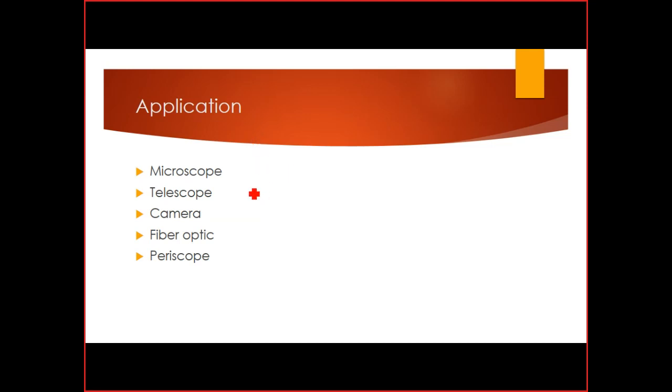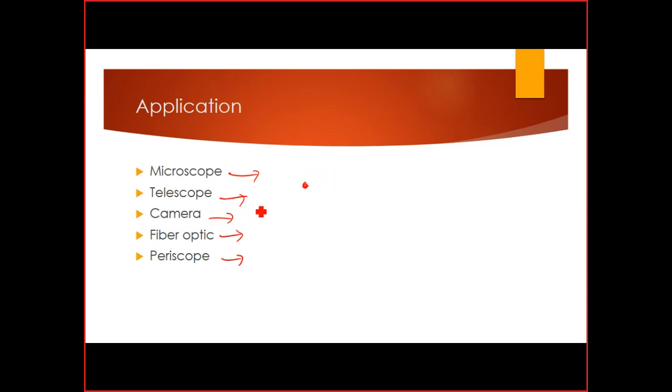You need to read each of these items. Microscope: how does a microscope function? Telescope, camera, fiber optic, and also periscope. For the microscope, how can an image that is very small be enlarged? Understand the principle behind that. You will have two lenses actually.